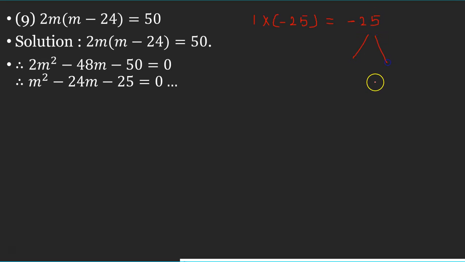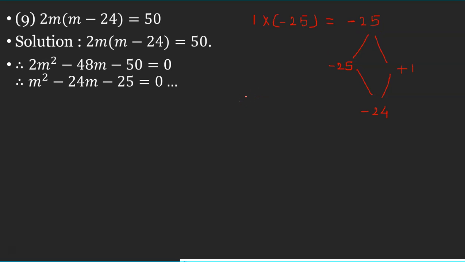The product should be minus 25, and what should their sum be? Minus 24. Then what are the two terms? The two terms are very simple: minus 25 and plus 1. Minus 25 plus 1, you will get minus 24.